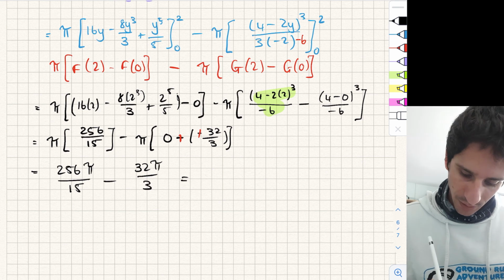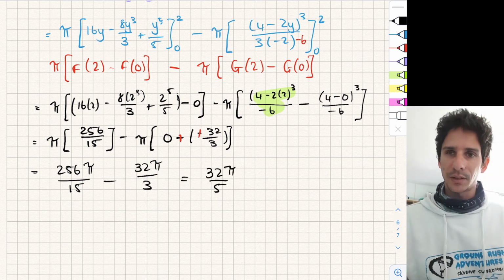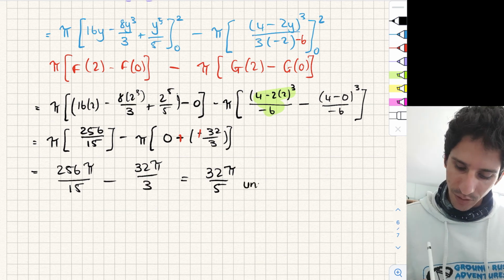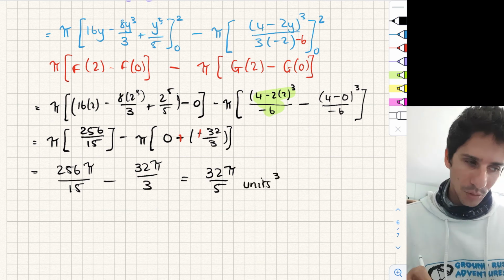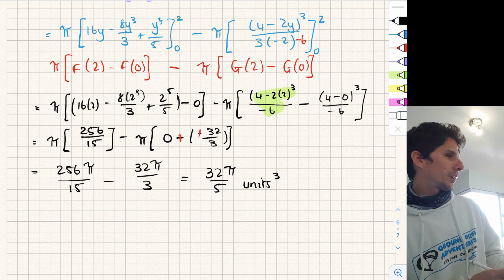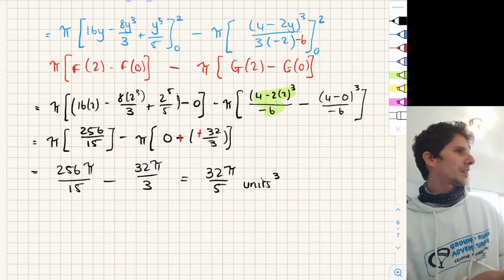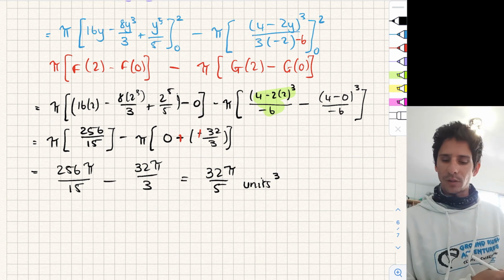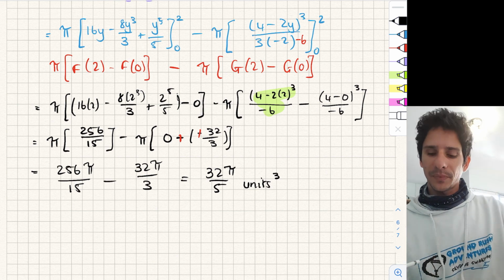This gives me 32 pi over 5, and this is volume, so it's units cubed, right? And if I have a look at the answer in the textbook, we get 32 over 5 pi.